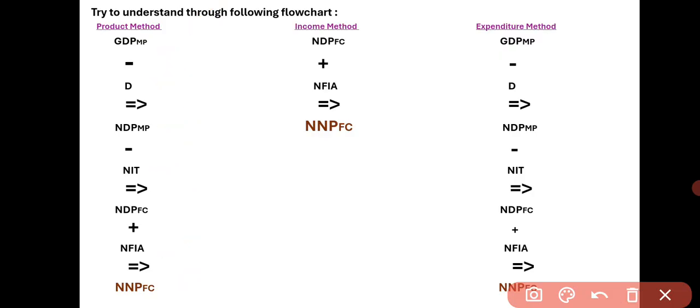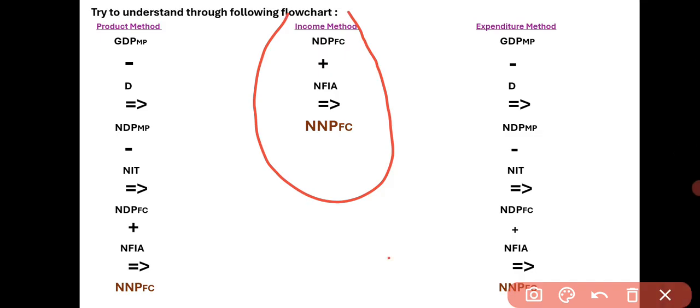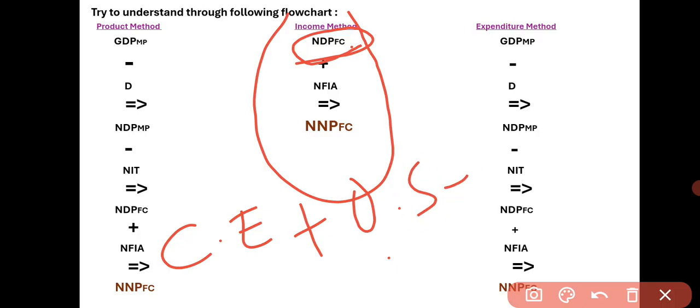Now, you see the income method, how to calculate national income. In the income method, just add all the factor incomes, then get NDPFC, right? Add all the factor incomes: compensation to employees plus operating surplus plus mixed income.